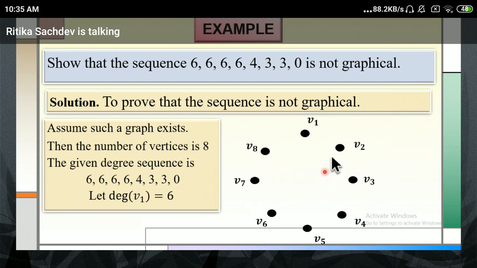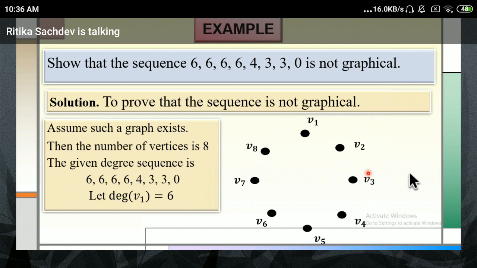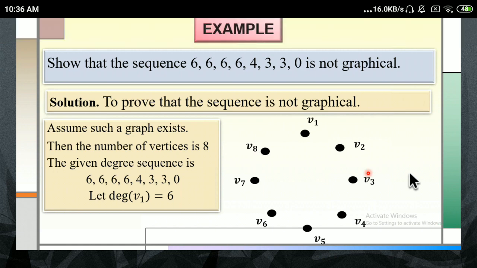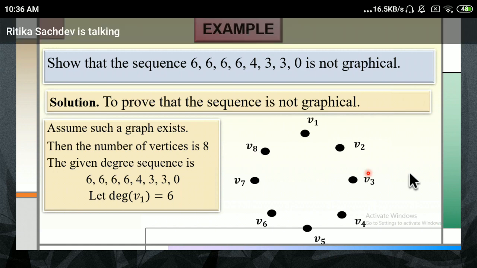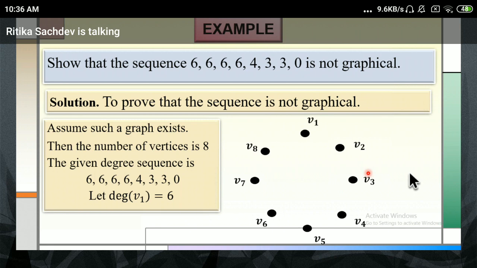V2 to V8, all, or V2 to V5, all, or how many? I want the degree of V1 as 6. Is the question clear?